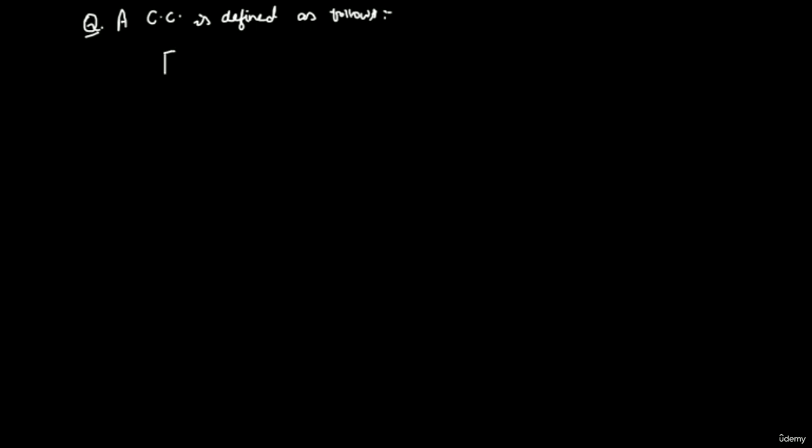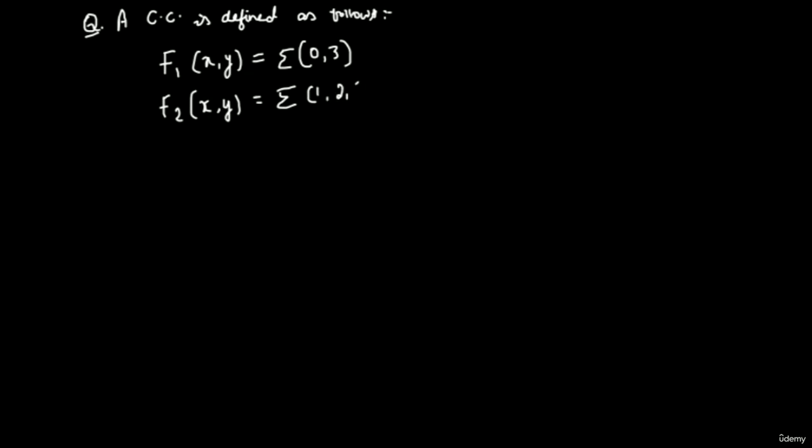First one is f1 of x comma y, as our input lines, equal to sigma 0 comma 3, and the second function f2 of x y is equal to sigma 1, 2, and let's also take 3.